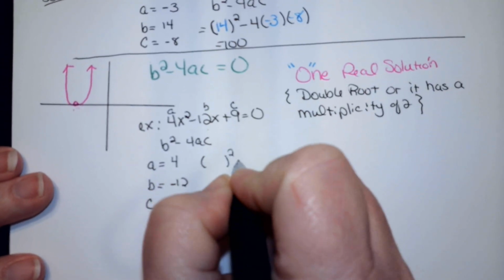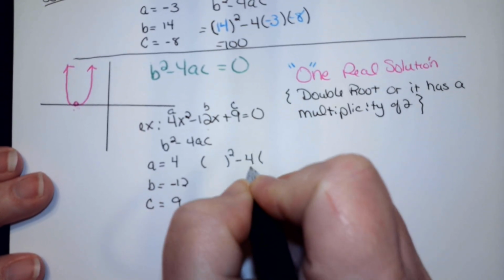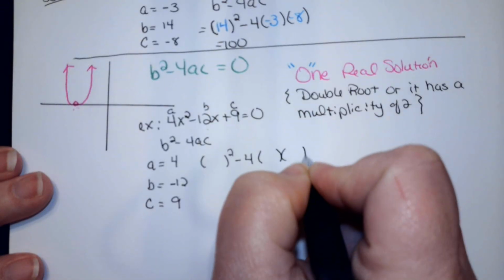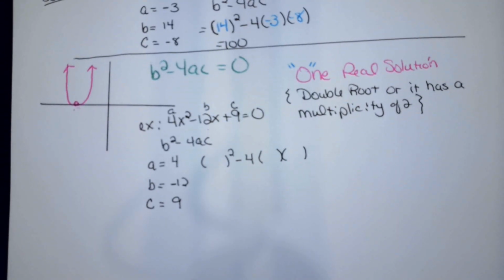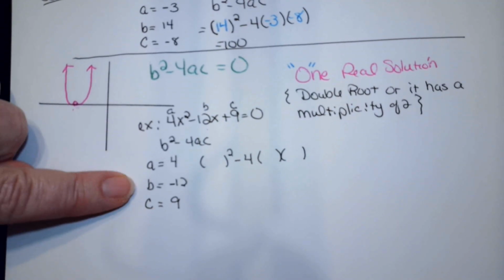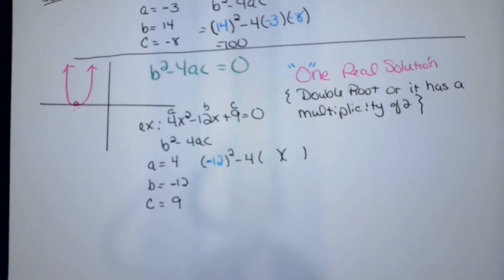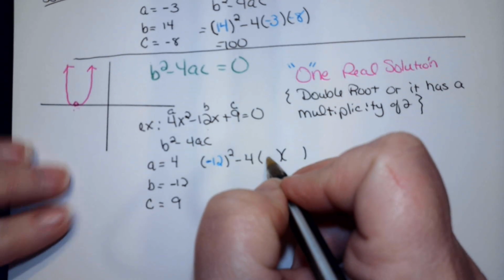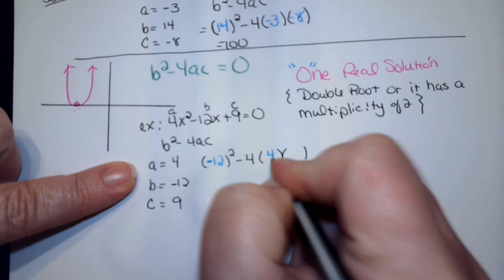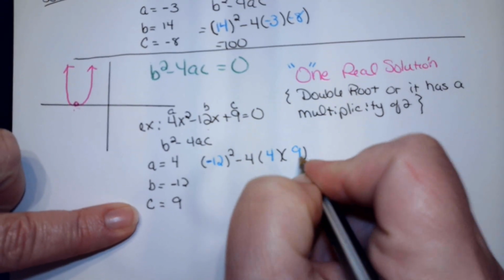So b squared minus 4, that 4 is part of the formula so it's always going to be there, times ac. Alright, our b value is negative 12. Our a value is 4, and our c value is 9.